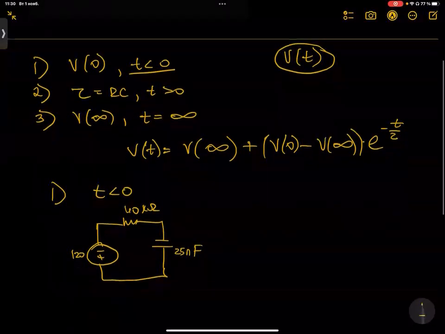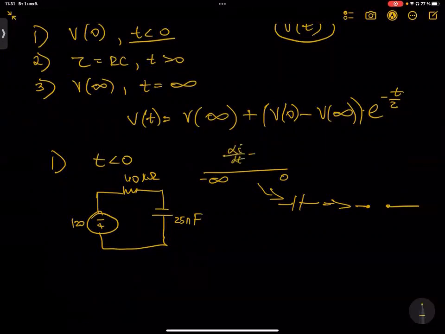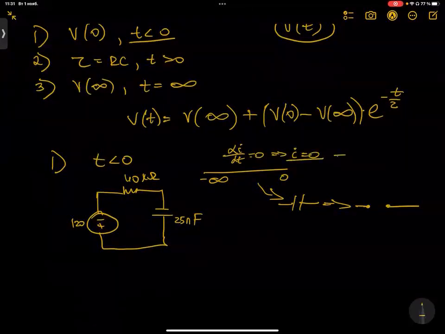As you can see, when t is less than 0, this is the interval from minus infinity to 0. In this part, we can replace the capacitor with an open circuit, because in this period dv/dt is 0. That means I is 0, and I is only 0 when there is an open circuit.